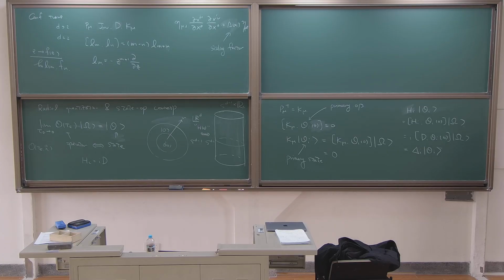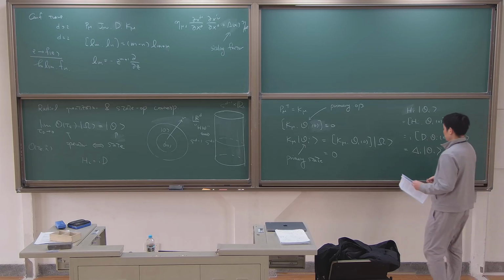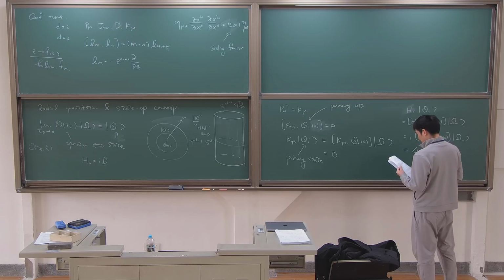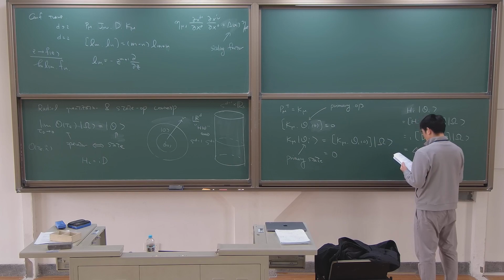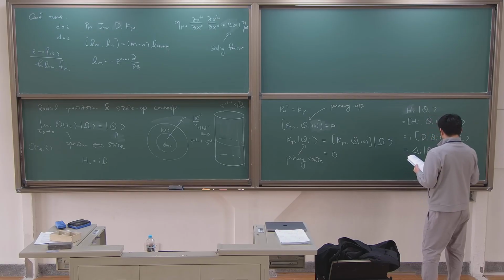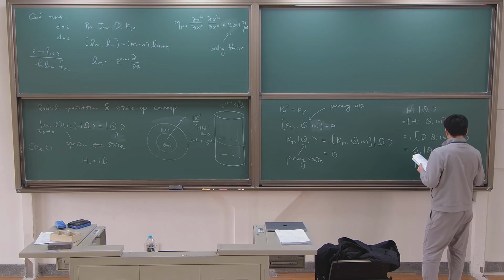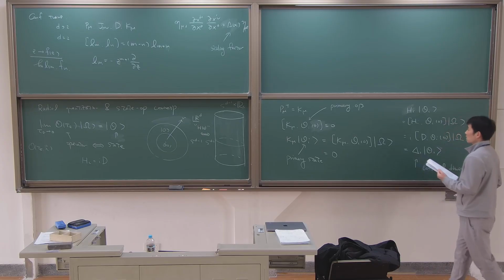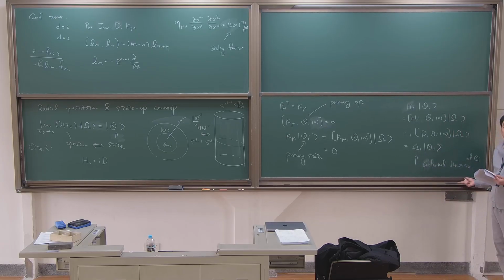So that's the transformation rule we have. Delta is the scaling dimension, the conformal dimension of the operator. That's what we learned last time.